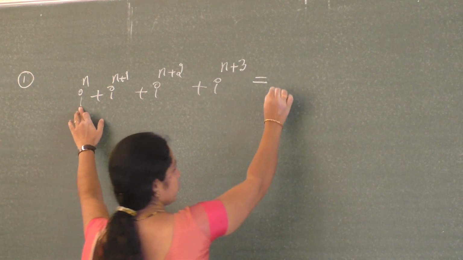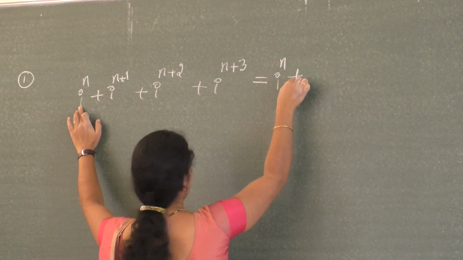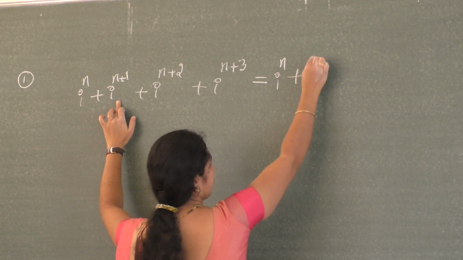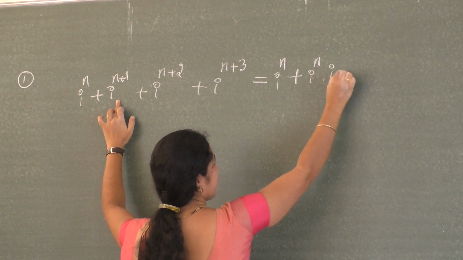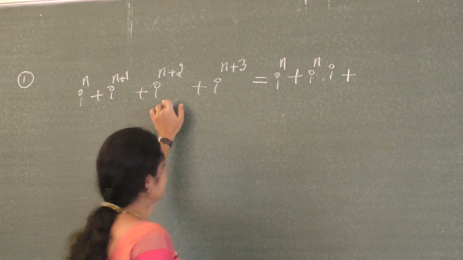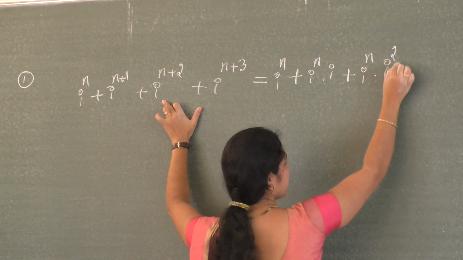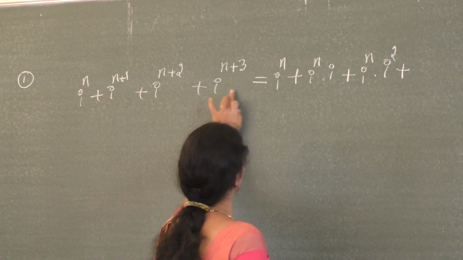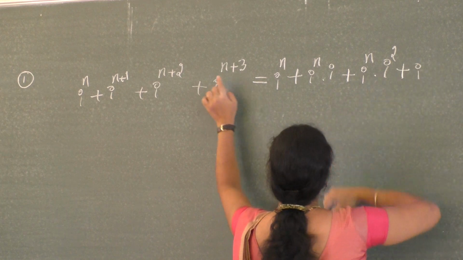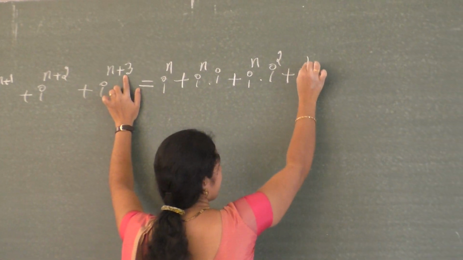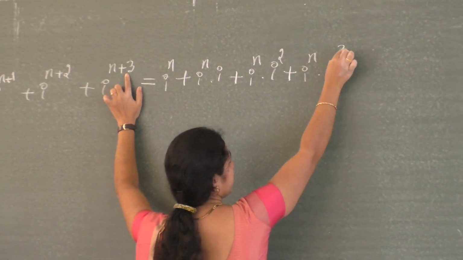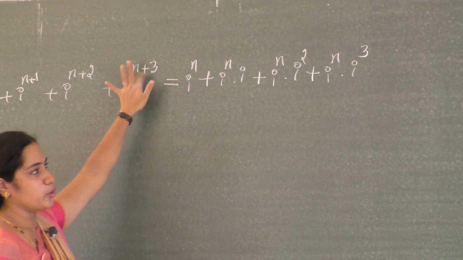Here i to the power n plus i to the power n plus 1 can be written as i to the power n into i, plus i to the power n plus 2 can be written as i to the power n into i square, plus i to the power n plus 3 can be written as i to the power n into i cube.